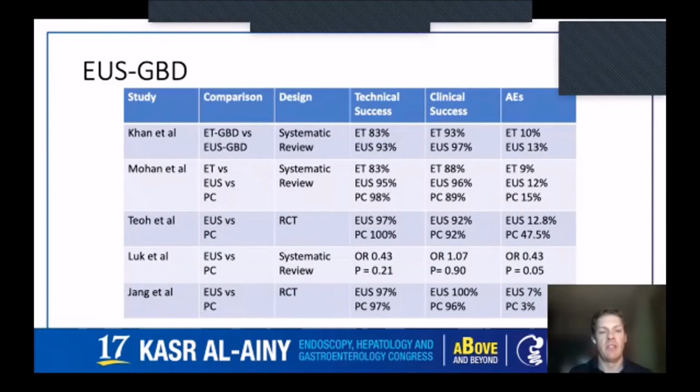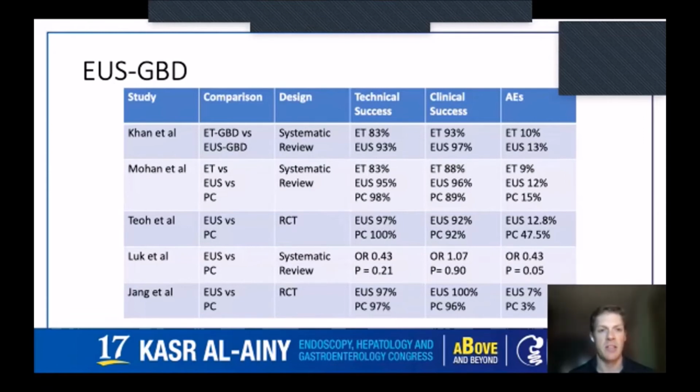There have been 5 studies comparing the various means of gallbladder drainage, whether percutaneous, endoscopic transpapillary, or EUS-guided. These include 3 systematic reviews and 2 randomized controlled trials. I would like to highlight the study by Mohan, which was a systematic review comparing endoscopic transpapillary versus EUS versus percutaneous catheters.